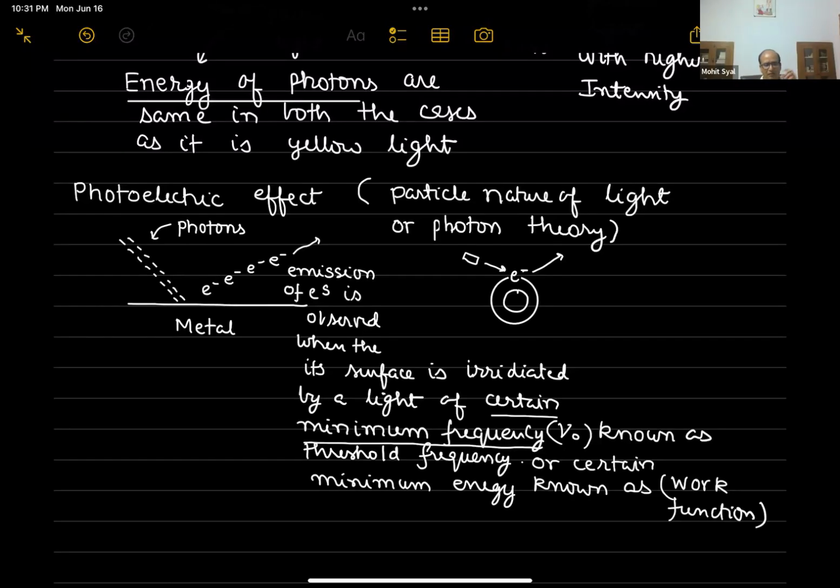So when the metal surface is irradiated with a stream of light, photons strike the metal surface and they knock out the electrons. This emission of electrons is observed, and this is known as the photoelectric effect. This is the emission of photocurrent.